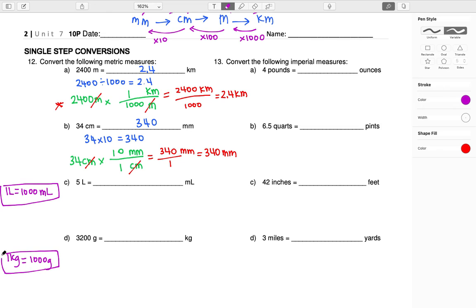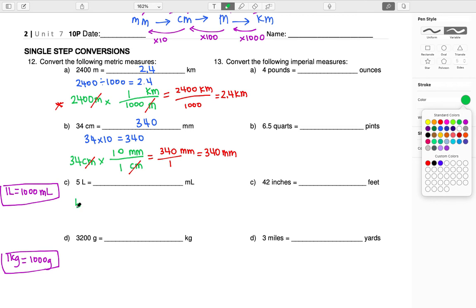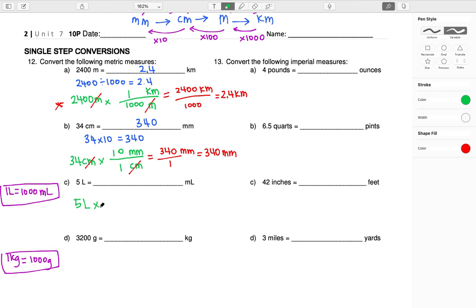So using this conversion, let's try it. We have 5 liter. You always multiply. So liter should go at the bottom because we're trying to get rid of the liter, and milliliter should be at the top. And using the conversion chart information, we know that 1 liter is equal to 1,000 milliliter.